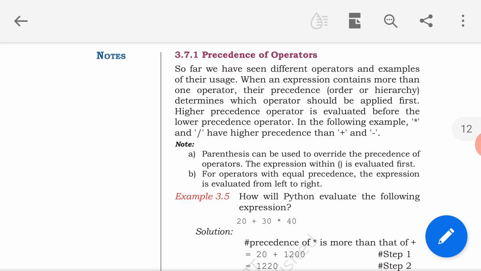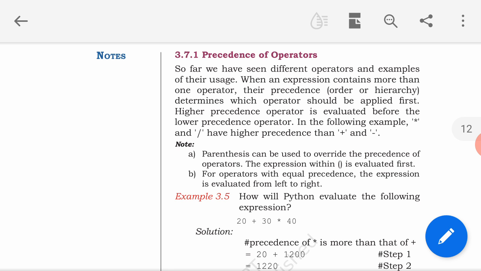If we have only arithmetic operators in an expression, then the precedence of arithmetic operators is: first of all parentheses, then exponentiation, then the negation operator. After that, division, floor division, multiplication and modulus have the same precedence level.